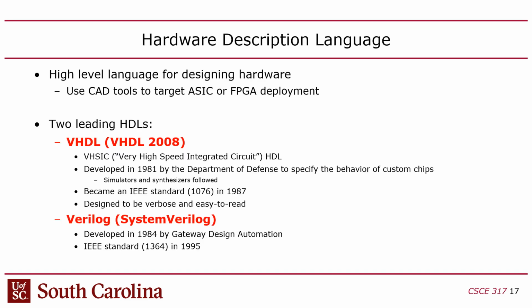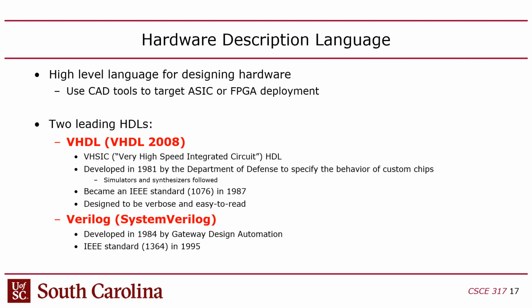Okay, so last lecture we talked about hardware description language, which is a high-level language used to describe the structure and the behavior of hardware. There's 2 things you can do with SystemVerilog code. You can't really compile it like you can a normal high-level language.